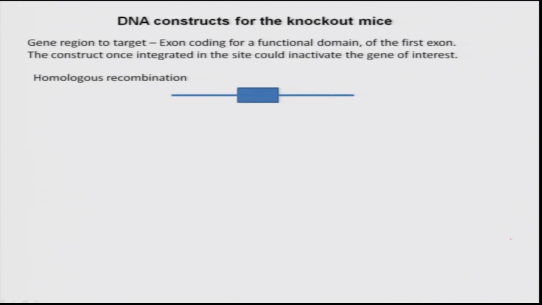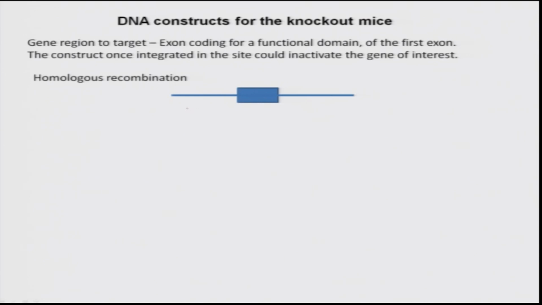So what you need is to identify a region that you would like to delete or mutate. Normally this is taken as the first exon of a gene. So you delete that, or a region of an exon, a coding region that gives a functional domain for the protein. Let us say this is the region we selected and that is there in your plasmid.